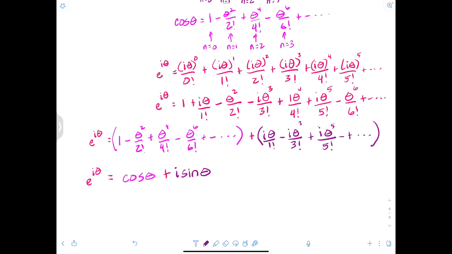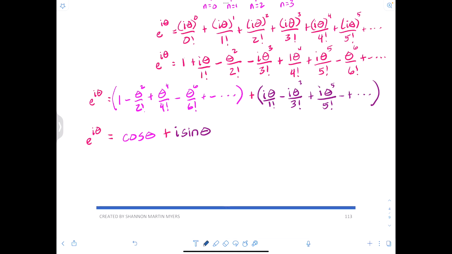And so now let's take a look at what we can do. So with this information, we can take a couple of things and check them out.